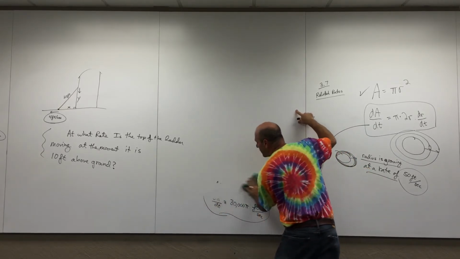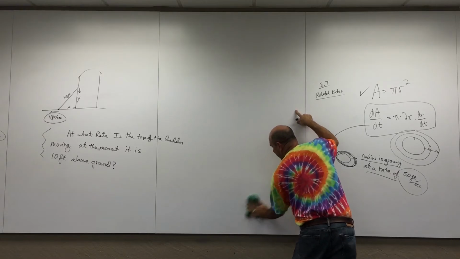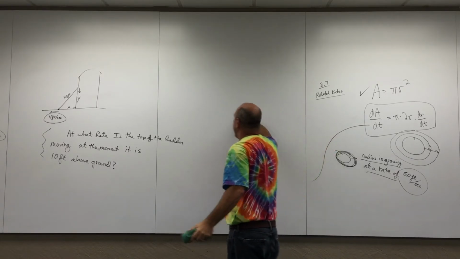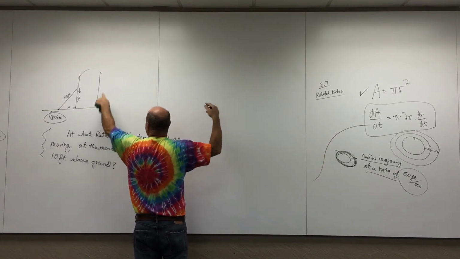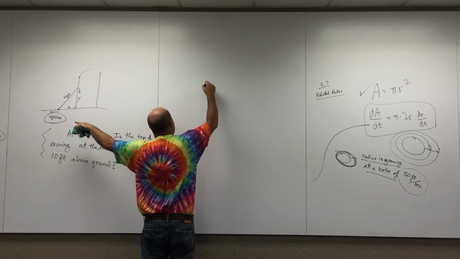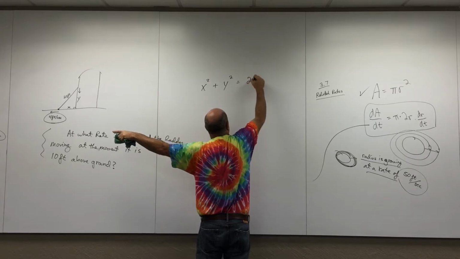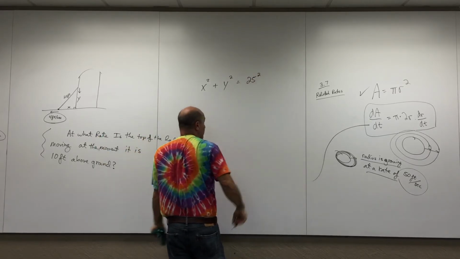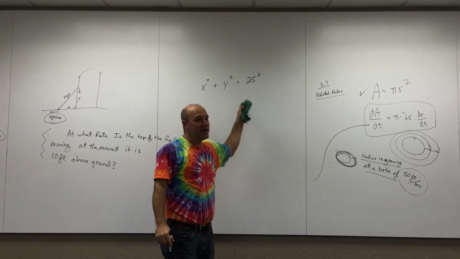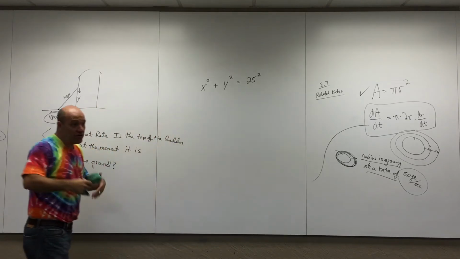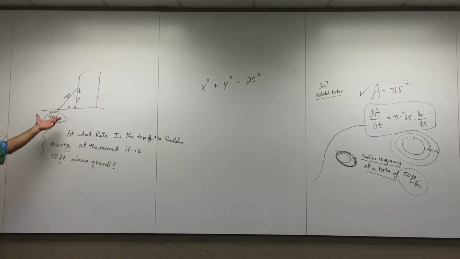Pythagorean theorem, yes. It's a right triangle, and from this picture you can relate these variables by saying x squared plus y squared equals 25 squared, or 625, right? That's the equation you need. And you got to come up with that, but you can. You're smart people.